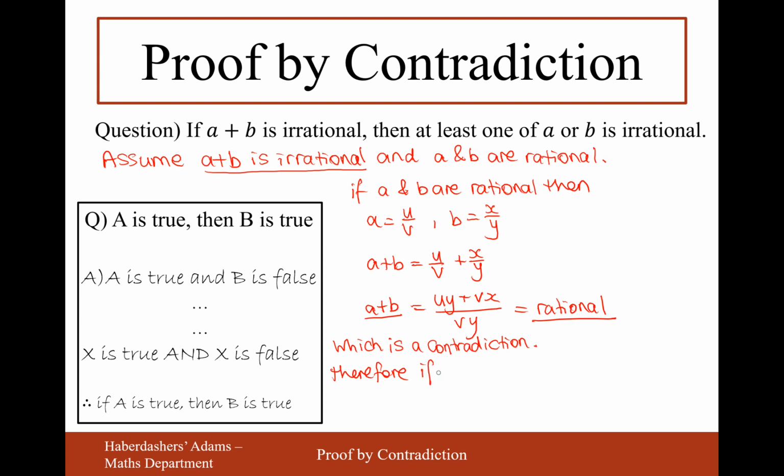Therefore, if A plus B is irrational, I'm going to finish this off just by writing then at least one of A or B is irrational. And there we are, that's the answer to this question.